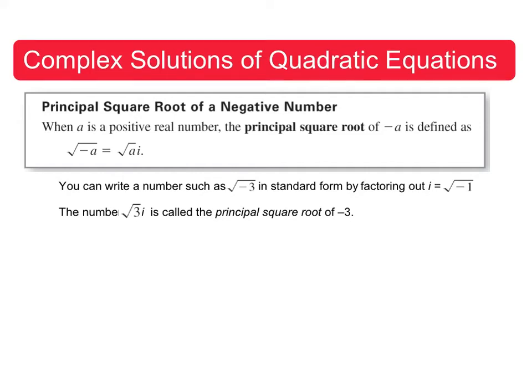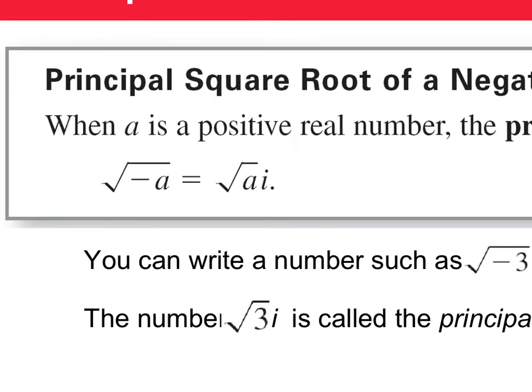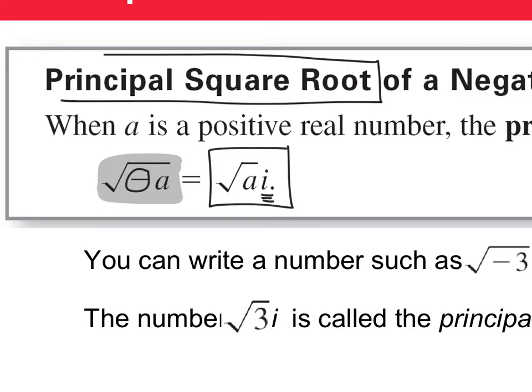So when we simplify the square root of negative numbers, so I'm going to zoom in here. If I have the square root of negative a, remember we said the square root of -1 is i. So when I rewrite that as the square root of a times i, this is called the principal square root.